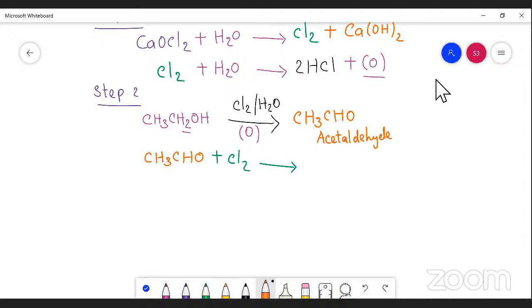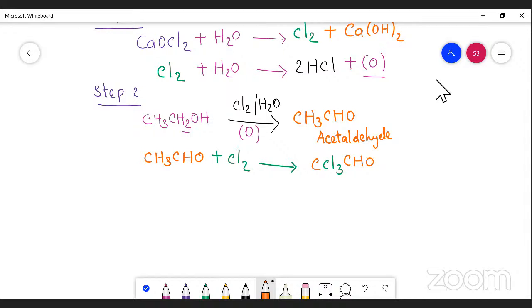What is the product? Here the carbon's hydrogens will all be replaced by chlorine, so it is CCl3, and the remaining is CHO. So it is trichloroacetaldehyde.